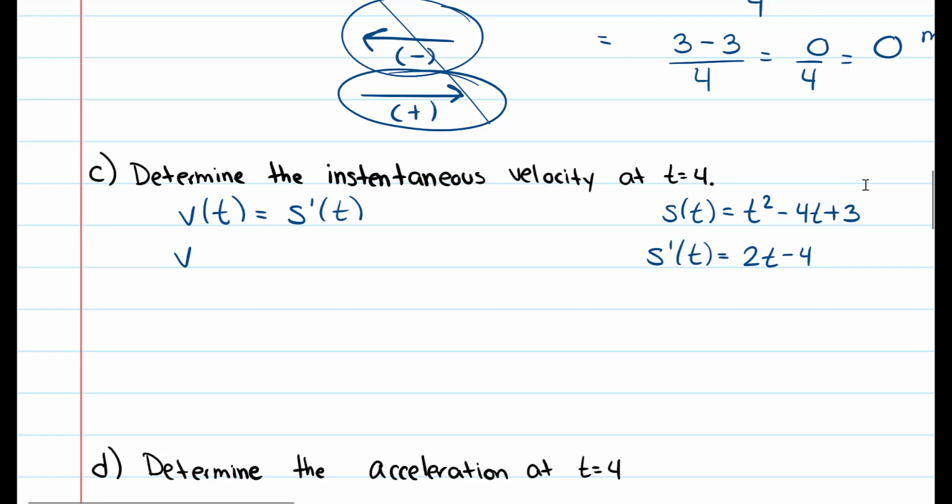I want to find the instantaneous velocity at 4, so I get 2 times 4 minus 4, which gives me 4 meters per second. This number represents how fast the particle is moving at that exact second, at t = 4. We're not finding the average velocity since the beginning. We are finding how fast the velocity is when t equals 4 seconds.